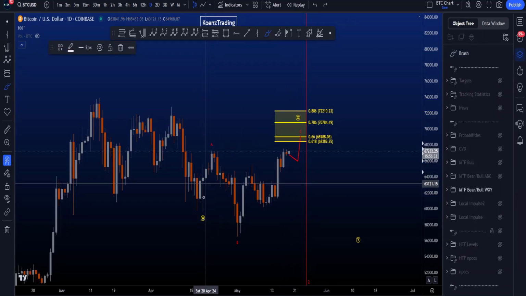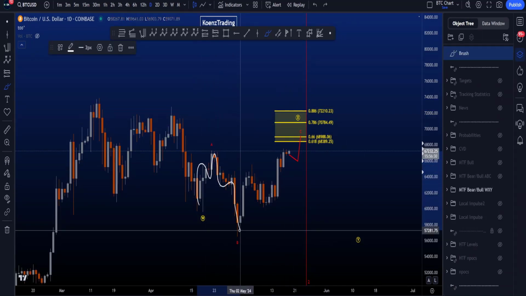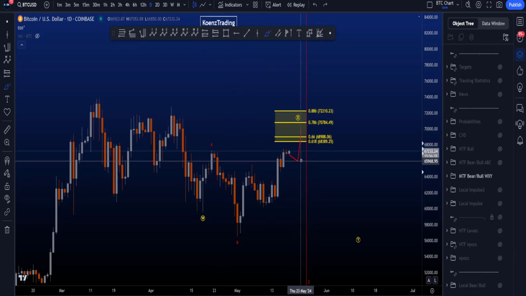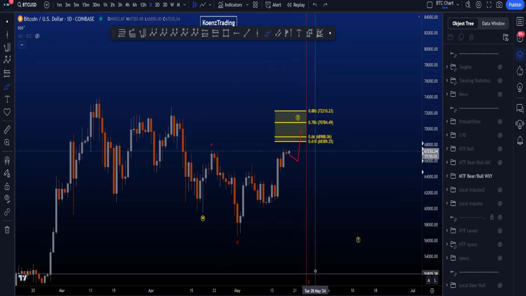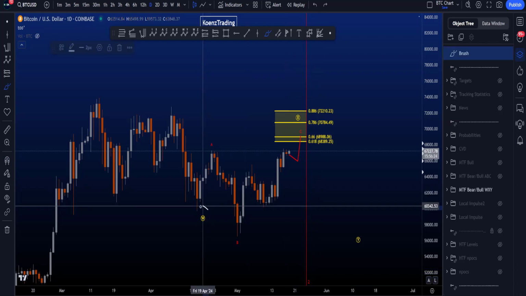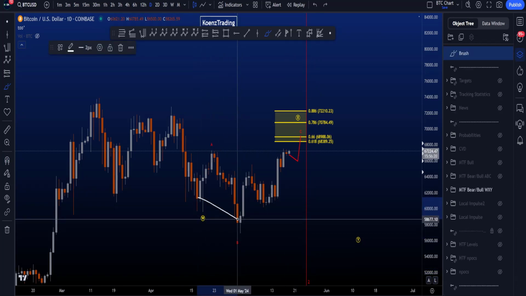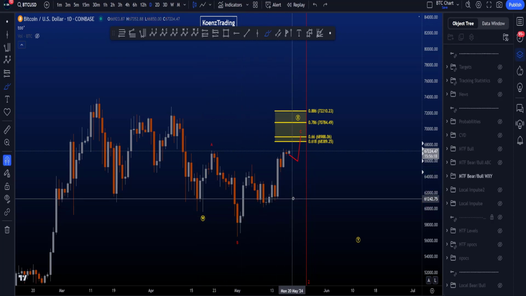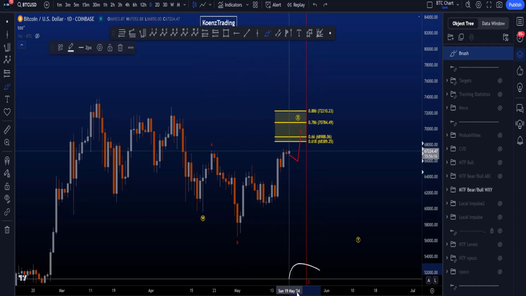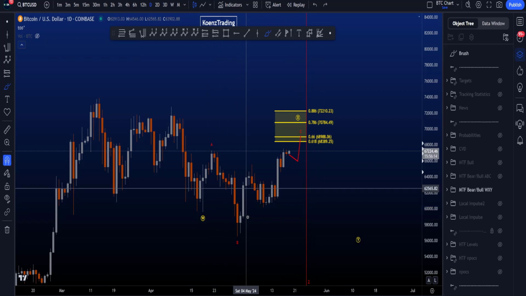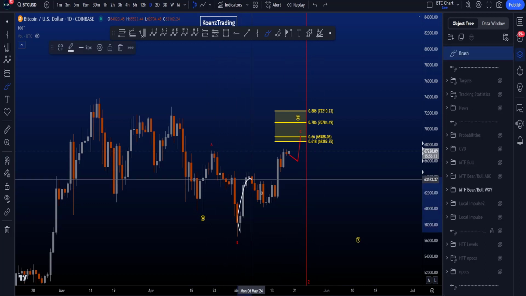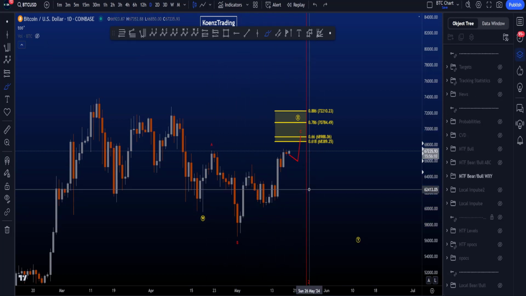Inside wave X we then have the expanding flat, a 3-wave A, 3-wave B, and a 5-wave C to the upside, where preferably your wave C is ending before the 2 fib time, taken from the start of A to the end of wave B, comparing A plus B with wave C. And if wave C is twice the length of A plus B, it significantly reduces the probabilities that this is a wave C, and other scenarios will have a higher probability.